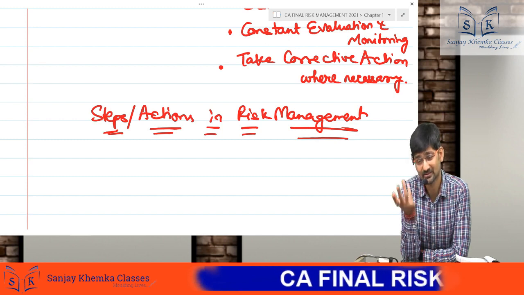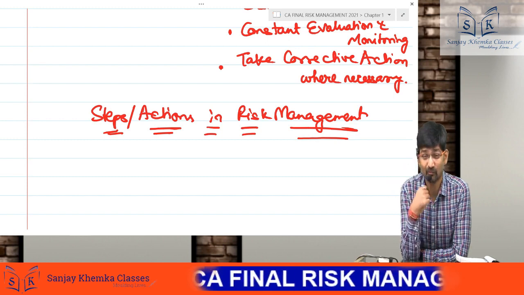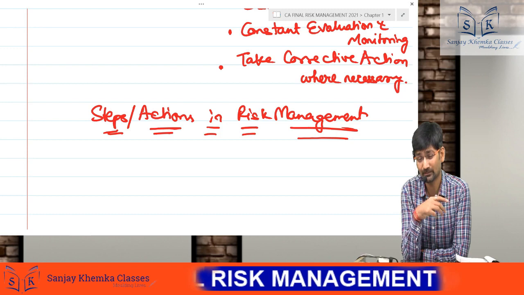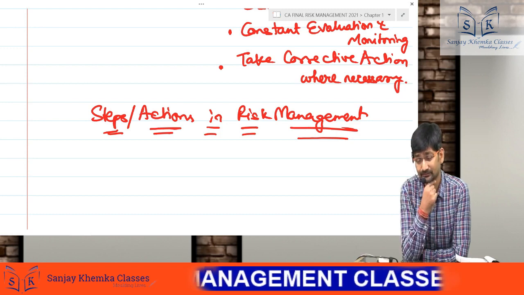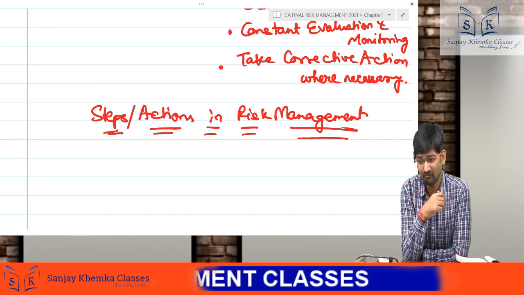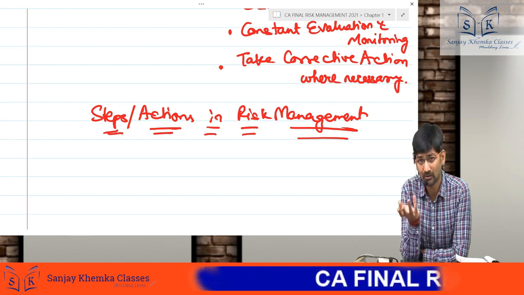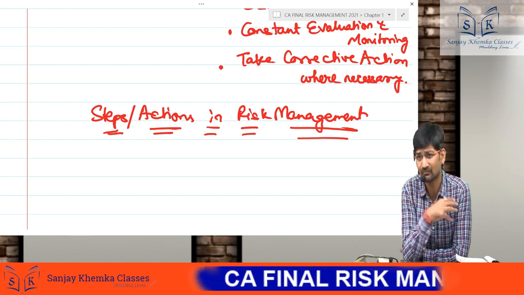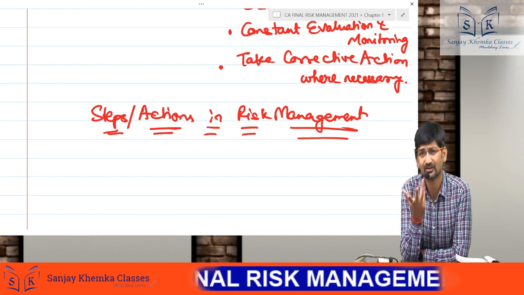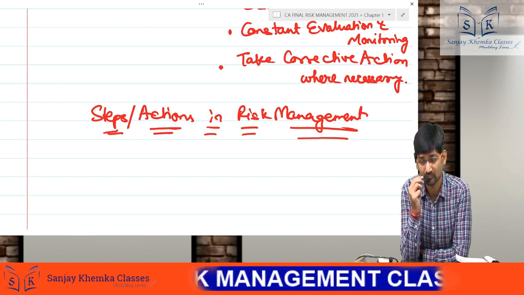Worst cases, we're discussing risks. We may fall sick and not be able to sit for the exams. We may hurt ourselves, fall down, have an accident. These are various kinds of risks that are possible.